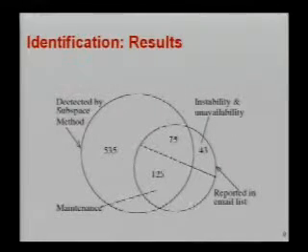I'm going to skip through this quickly. This shows basically what we detected in terms of events where nodes and links go unstable. The smaller circle on the right side is the set of reported events on the Abilene mailing list, and the circle on the left is the set of events detected over a 6-month period using the method that we developed.